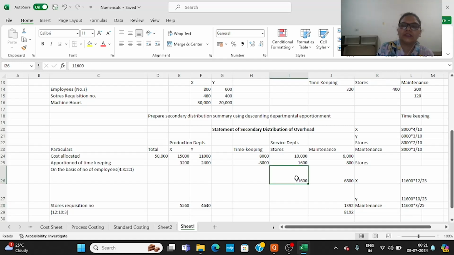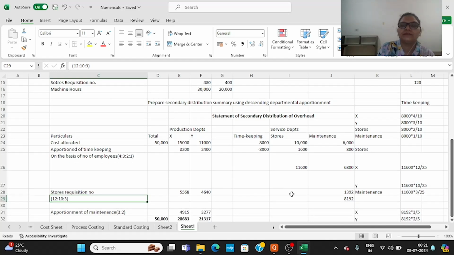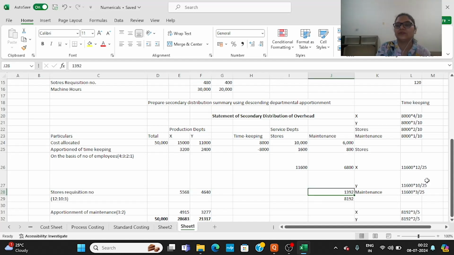Cost is now 11,600, it's not 10,000 anymore, with the addition of timekeeping. This 11,600 into 12 divided by 25, 11,600 into 10 divided by 25, and 11,600 into 3 divided by 25, which is again a ratio for that. We will get 5568, 4640, 1392.